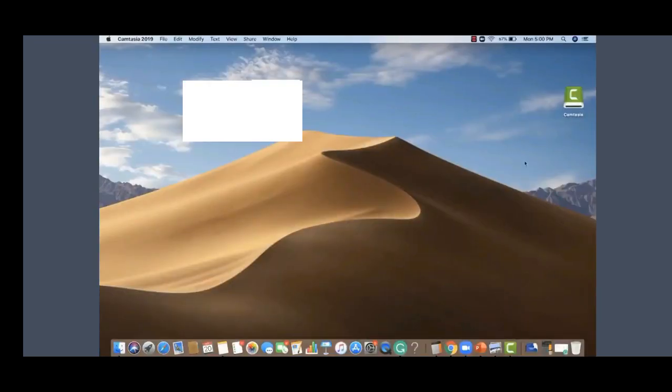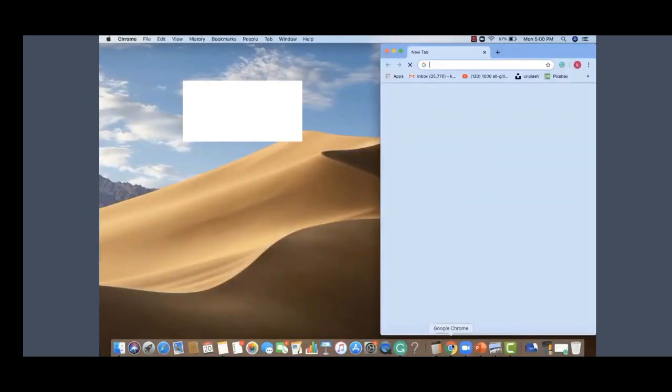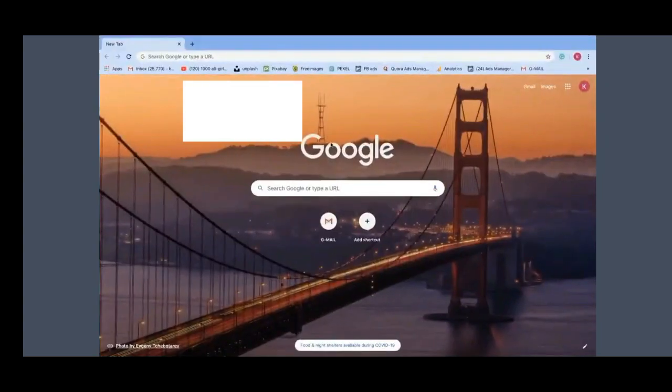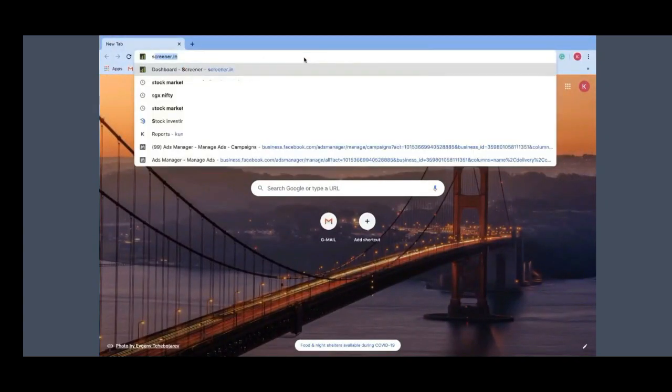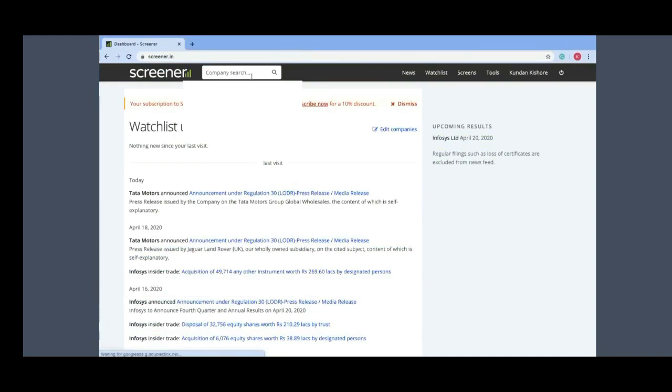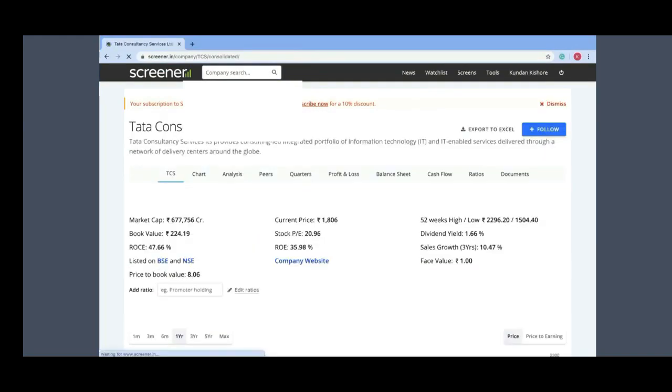One part is what we have seen in a screener, the net worth of the company. Let's say we opened TCS. You see that the market capitalization is 6,77,000 crore. What is market capitalization?